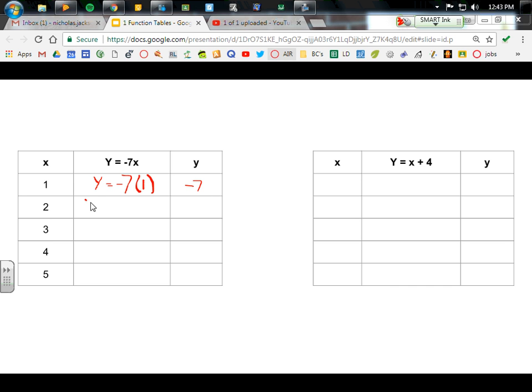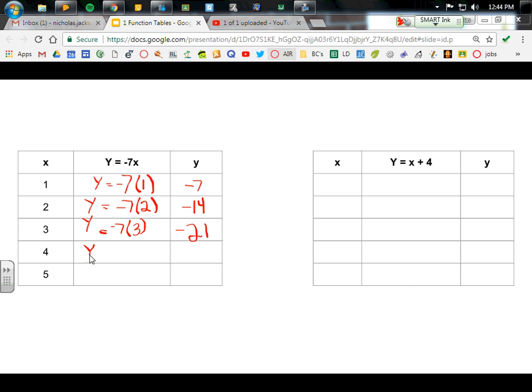If our x is 2, then our work becomes y equals negative 7 times 2, and the answer is negative 14. If our x is 3, then our function becomes y equals negative 7 times 3, and our answer is negative 21.